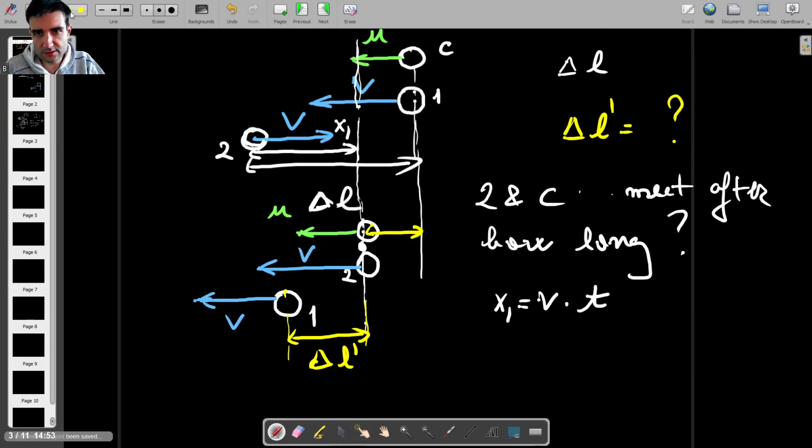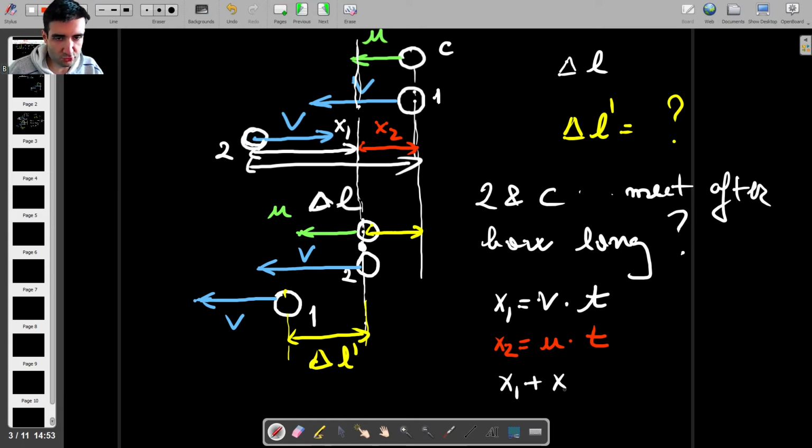And then this other distance here is the distance run by the coach. So this is x2. So we have x2 is equal to u times t. And you can probably see by now that x1 plus x2 is delta L. So delta L is v plus u multiplied by delta t.